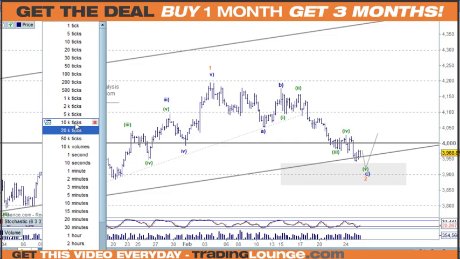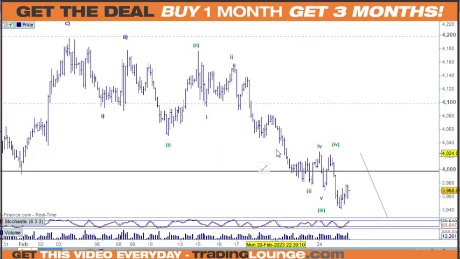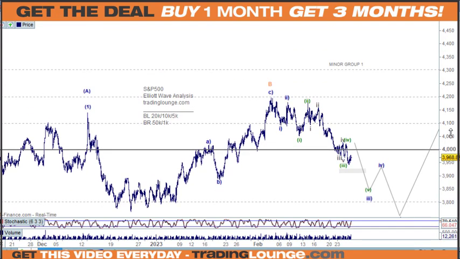However, the next count down would be, we've looked at this before, which is on the 10k here, looking at a bigger move down.